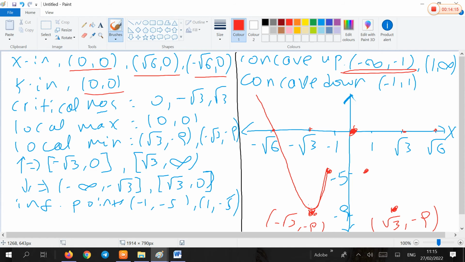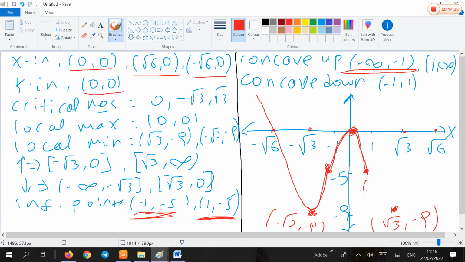So negative 1, negative 5 and 1, negative 5 are inflection points. That means the graph changes from concave upward into concave downward at the inflection point.